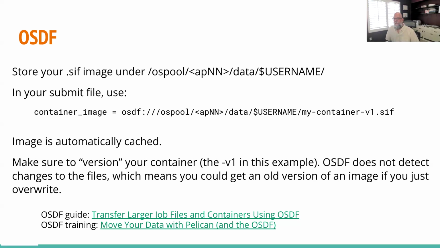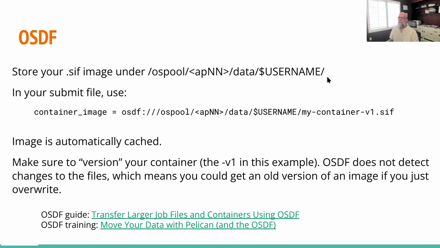And OSDF helps here. It's really a caching network that will cache, distribute and transfer these containers in the most efficient manner. So under our access points, we have a special directory called /ospool/ap40 (or ap41, whatever you have) /data/ your username. Everybody should have this directory.